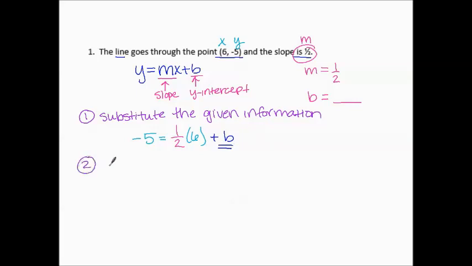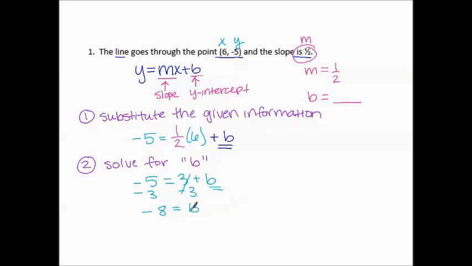My second step is to solve for b. So when I do that, I still have -5 is equal to 1/2 of 6 is 3 plus b. To solve for b, I want to subtract 3 from both sides. -5 minus 3 gives me -8, which is equal to b.